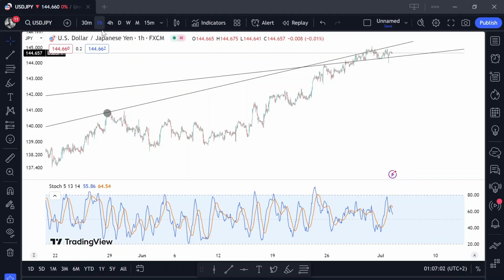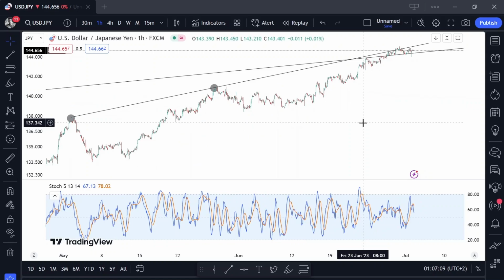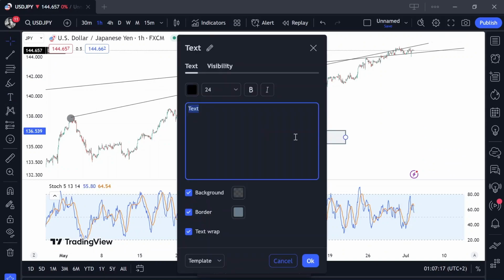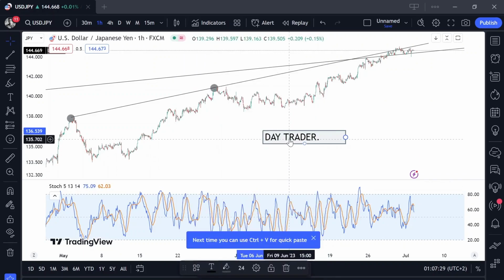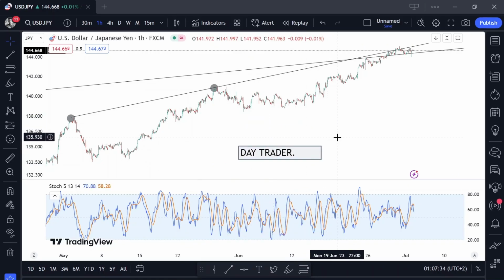So let me show you a trick right now. If you are a day trader, here's how you identify your entries.